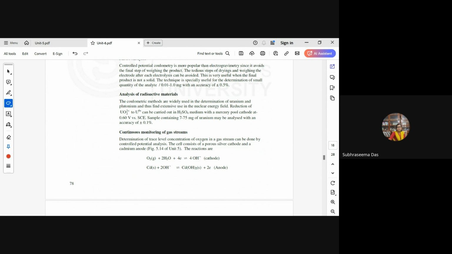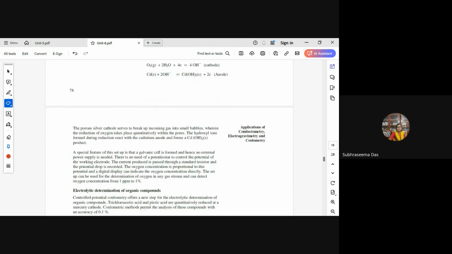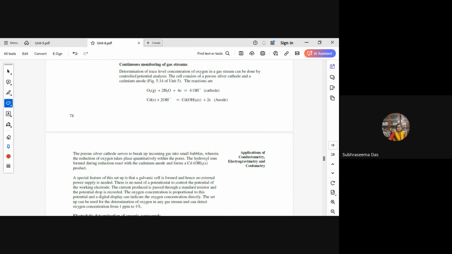This was also used for continuous monitoring of gas streams. Determination of trace levels of oxygen has been done by controlled potential analysis. Here a porous silver cathode and a cadmium anode are used. The respective cell reactions at cathode and anode have been depicted here. The porous silver cathode breaks up the incoming gas into small bubbles, whereas the reduction of oxygen takes place within the pores.